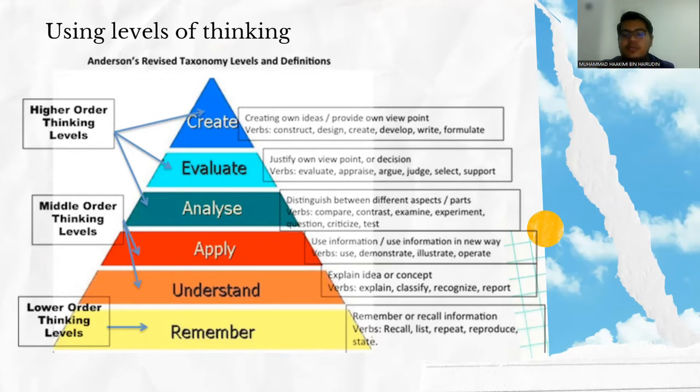Remember is to remember or recall the information that we have already learned. For example, recall, make a list, repeat the topic that we already learned, reproduce, and also state. Based on the pyramid here, I found it on Google.